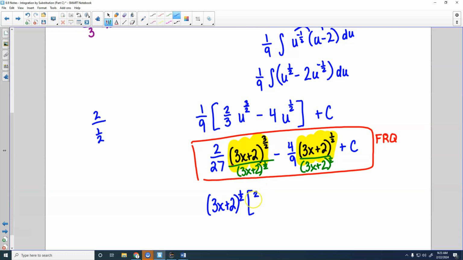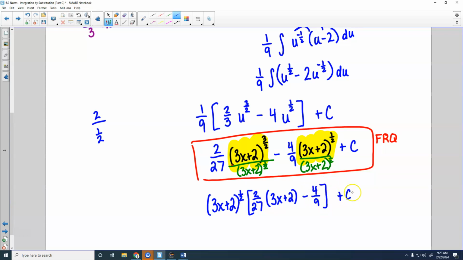So we'll have 2 over 27. What will I get right there? 3x plus 2 to the first power. And then what will I get over here when I pull out that 3x plus 2? 12 over 27 reduces to 4/9.